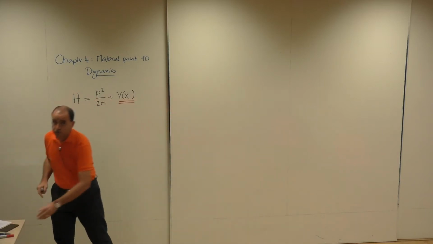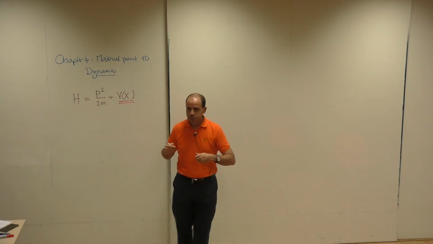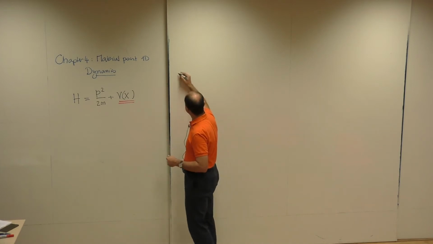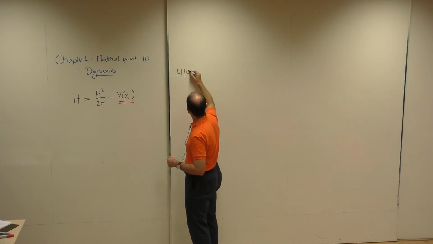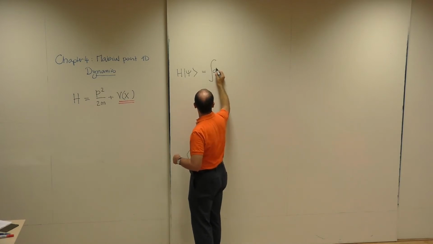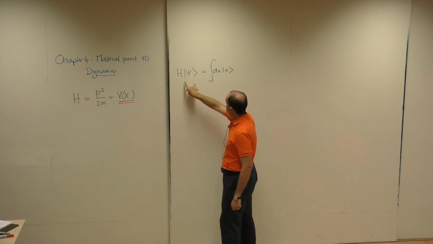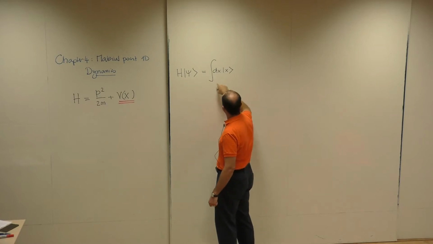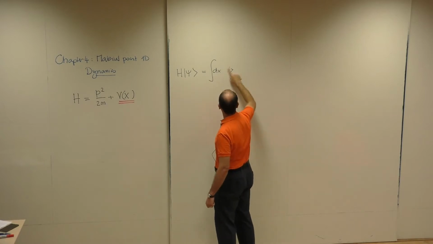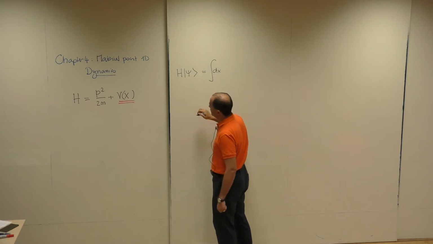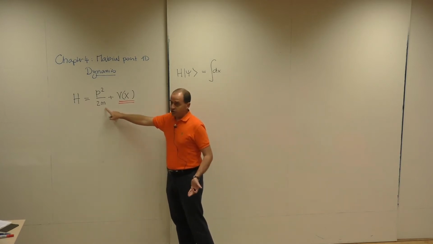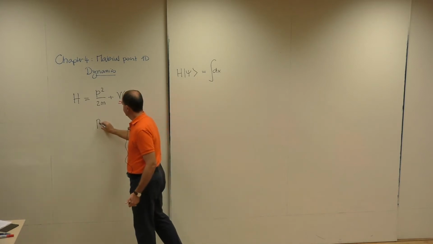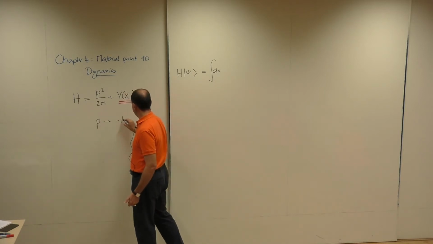Let's see what this operator looks like in position representation. So H on psi, what is it? Integral dx, x. Now this H, I will put the x later for the sake of the argument. We have to write this operator in position representation. Remember that P in position representation is minus i h bar d over dx.